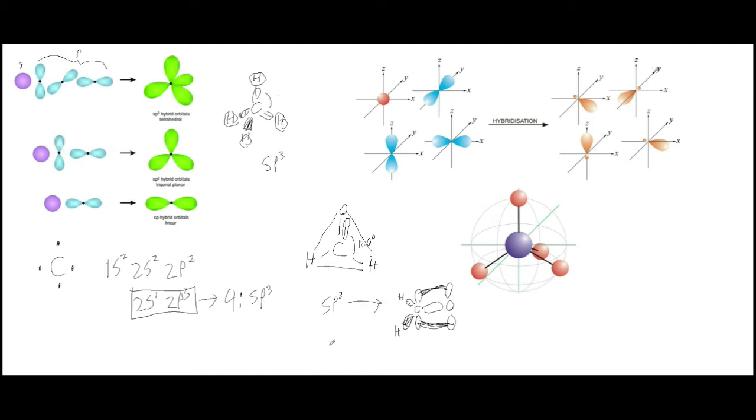And we can also have sp hybridized, for instance, carbon dioxide is sp, and in this case we would have a carbon that has an sp bond to oxygen, an sp bond to oxygen, and then coming out of the screen and going into the screen we have p orbitals, and then coming off the top and the bottom we have p orbitals.